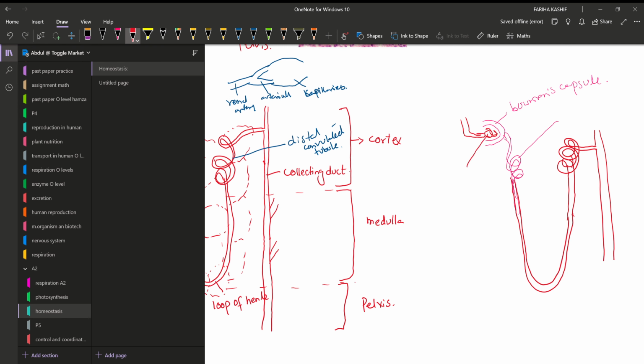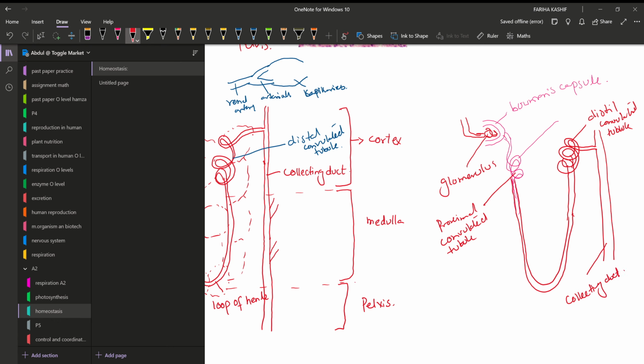It is called glomerulus. Proximal convoluted tubule, distal convoluted tubule, and this is called what? Collecting duct, which collects the urine and opens in the pelvis.